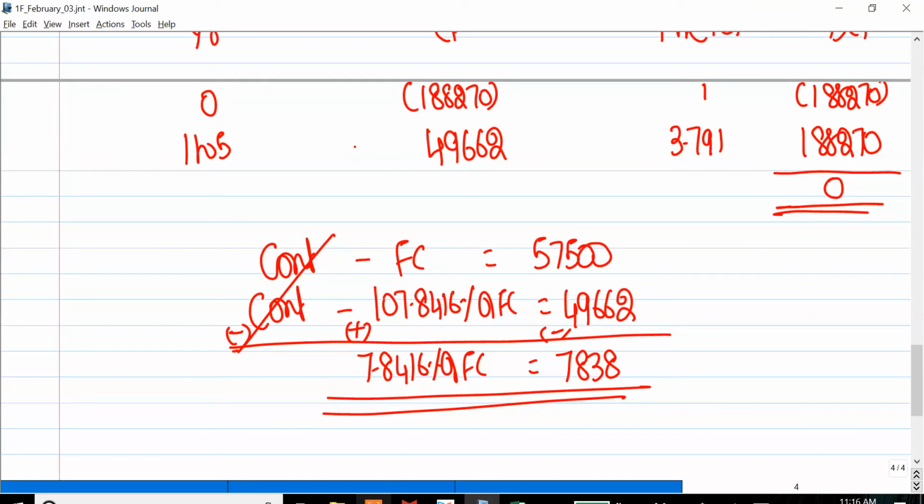Next point. Fixed cost has to increase by 7.8416% for us to have a 0 NPV.